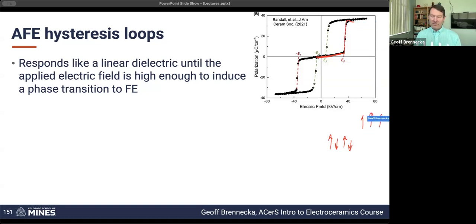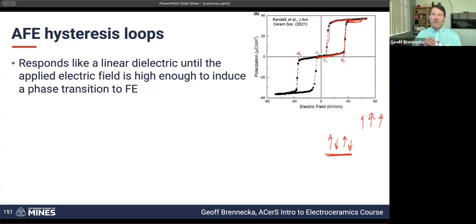And now suddenly it looks just like a ferroelectric and behaves just like a ferroelectric. But we remove that electric field, and we know that in its baseline state, this anti-ferroelectric material is at lowest energy when it's in this sort of configuration. So we remove that electric field, and eventually it flips back to being anti-ferroelectric.